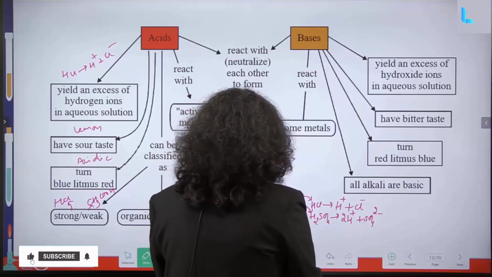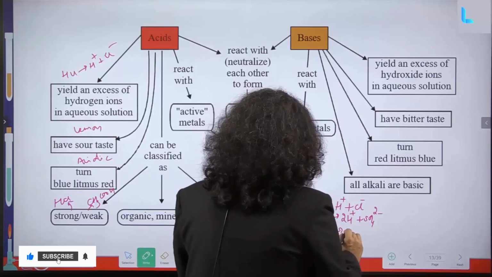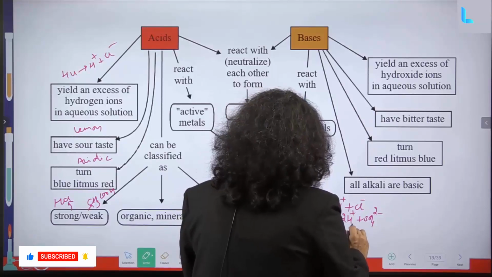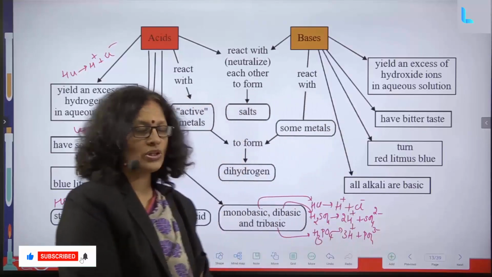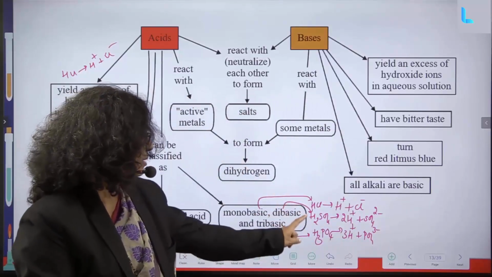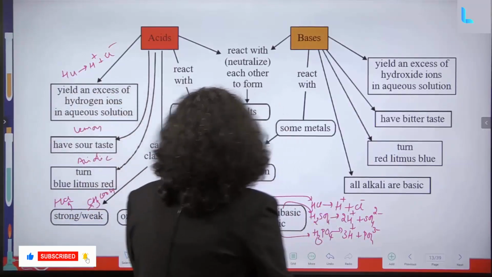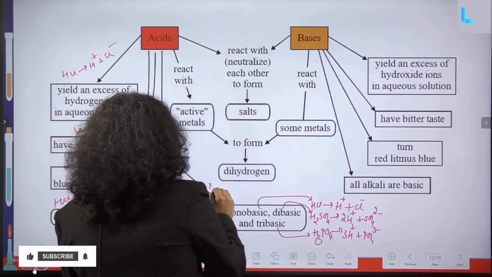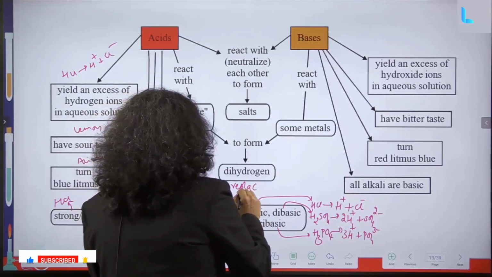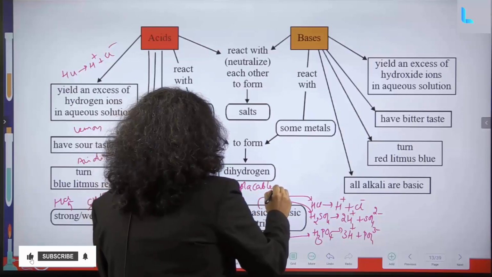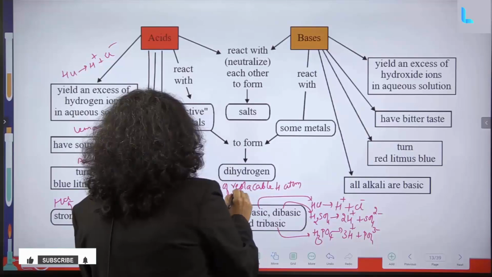For tribasic, phosphoric acid H3PO4 breaks as 3 H plus and PO4 3 minus. So these are monobasic, dibasic, tribasic. What is basicity? Basicity is the number of replaceable hydrogen atoms.